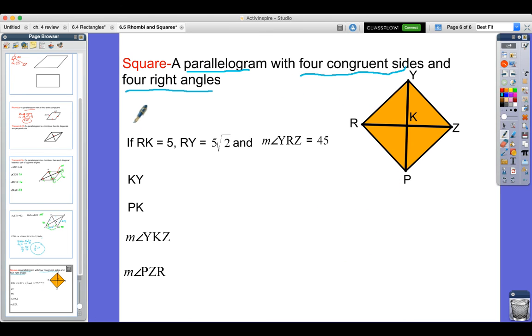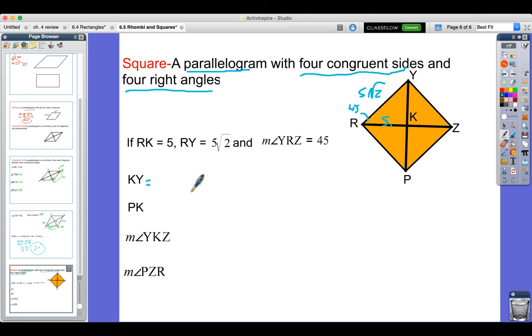Now let's actually talk about this. Like it says, all four angles are right angles, and all four sides are congruent to each other. So if RK is 5, and this is 5 radical 2, and this angle YRZ right here is 45. What is KY right here?